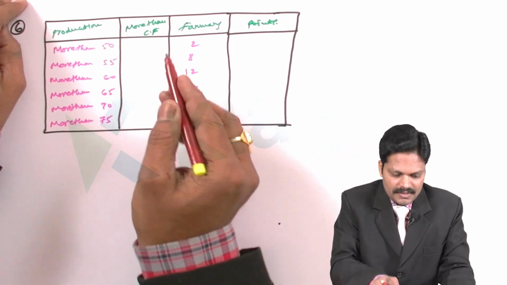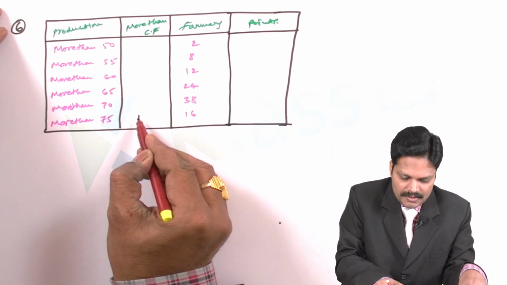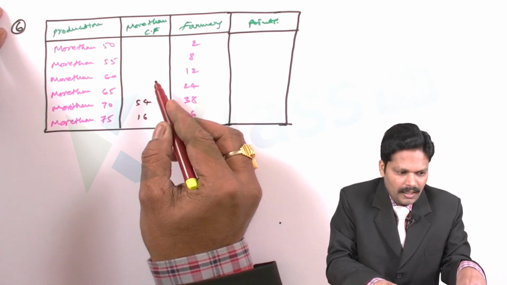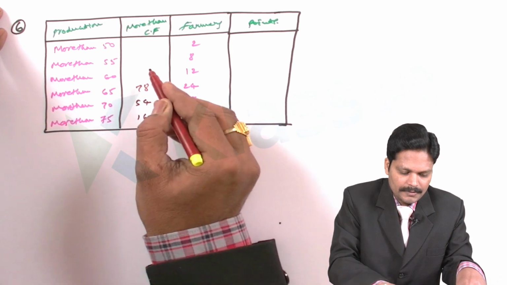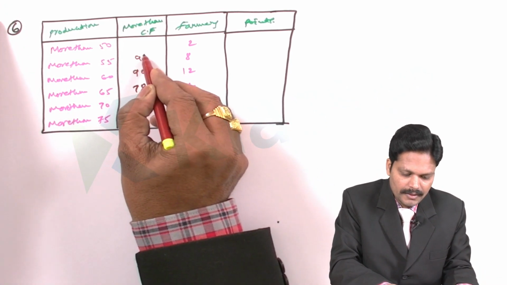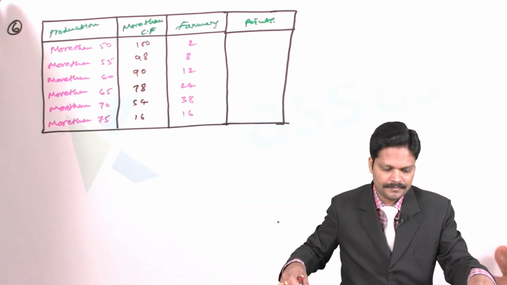More than cumulative means we need to take the sums downwards: 16, then adding 38 we get 54 and 78, and here 90 and 98, then 100.